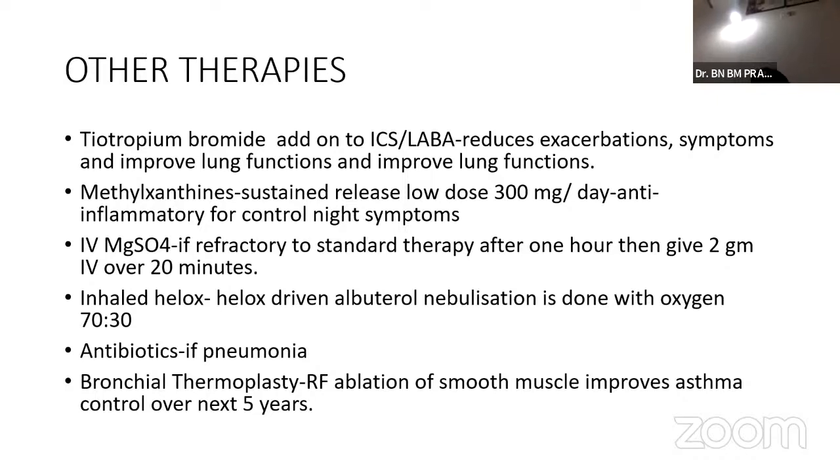Antibiotics are indicated when there is a secondary infection. Bronchial thermoplasty, all these things are used when you have chronic persistent asthma, and that is not the scope of today's talk. Next slide, please.